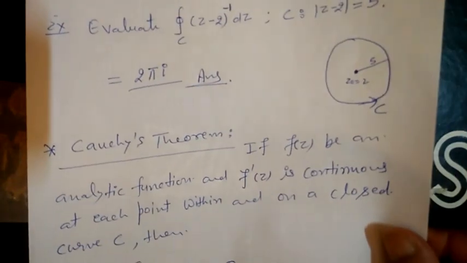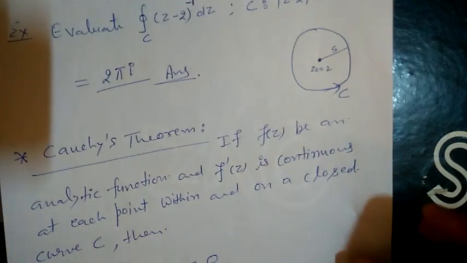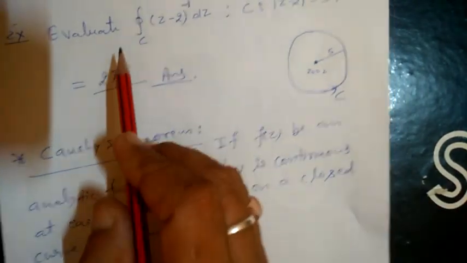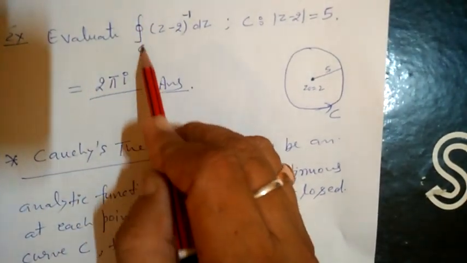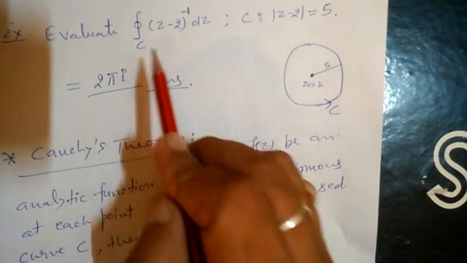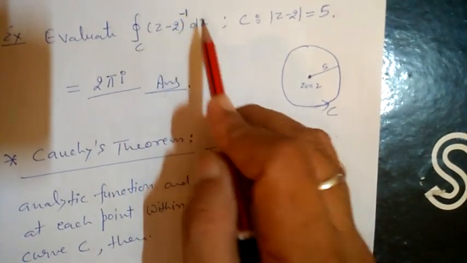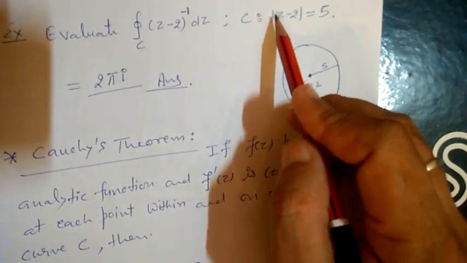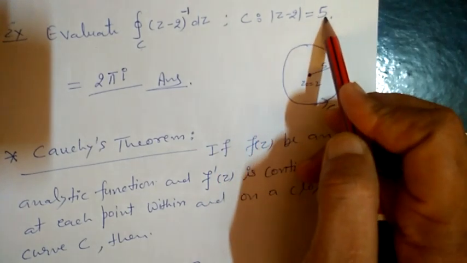Now the example based on this second point. Evaluate the line integral on a closed curve C of z minus 2 to the power minus 1 dz, such that mod of z minus 2 is equal to 5.